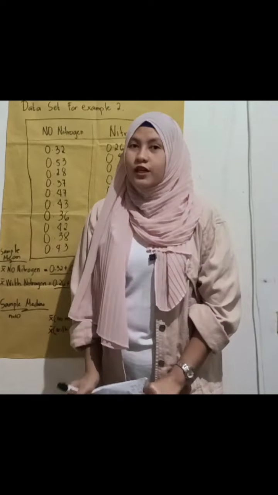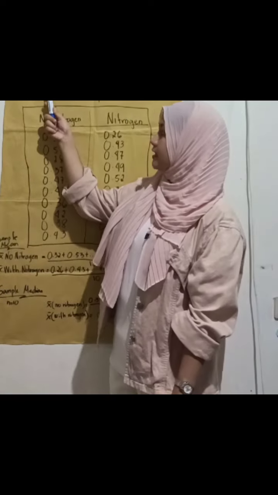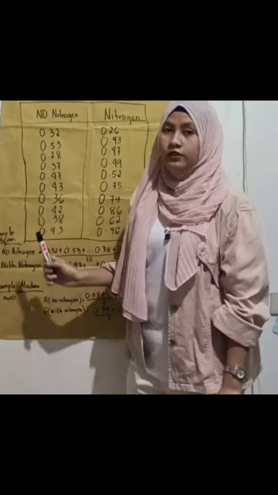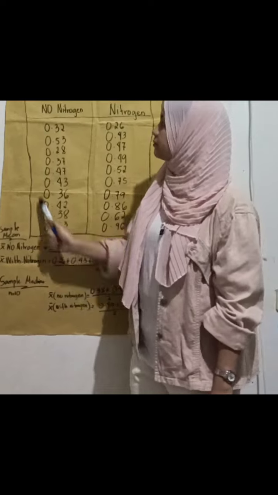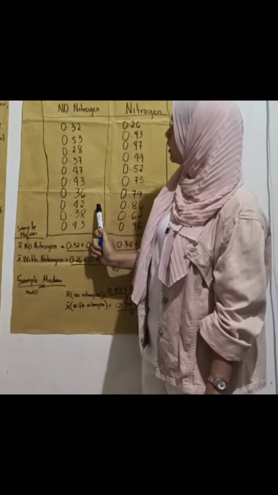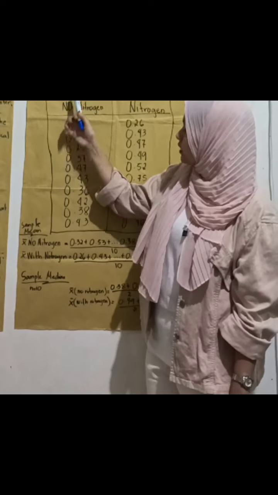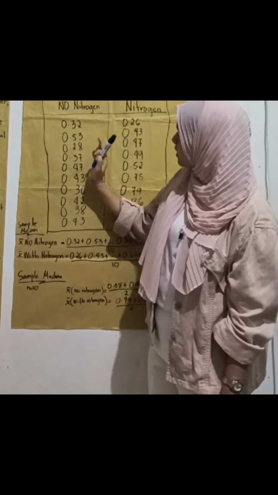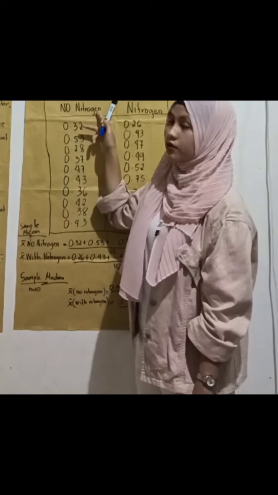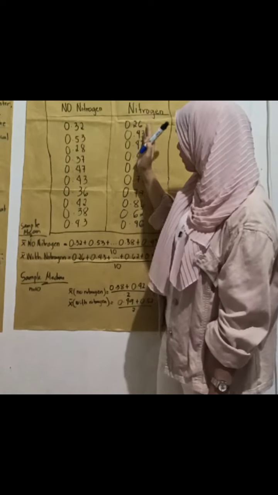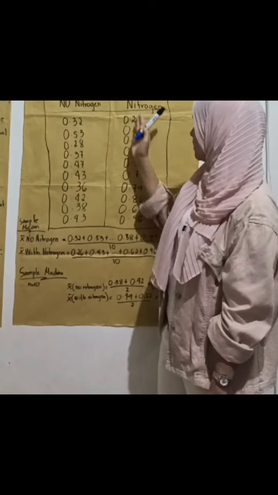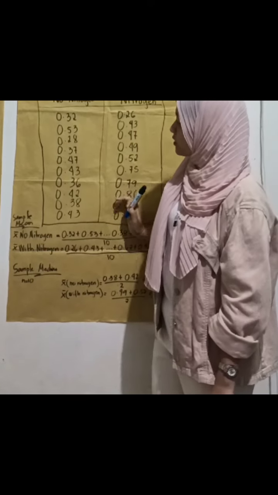Now, let's proceed to example number 2. In example number 2, a table was made, or a data set. This column is the no nitrogen and this side is the nitrogen.